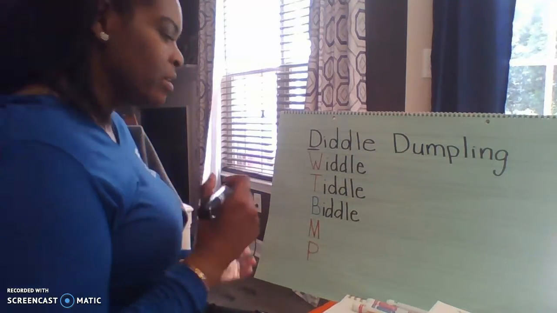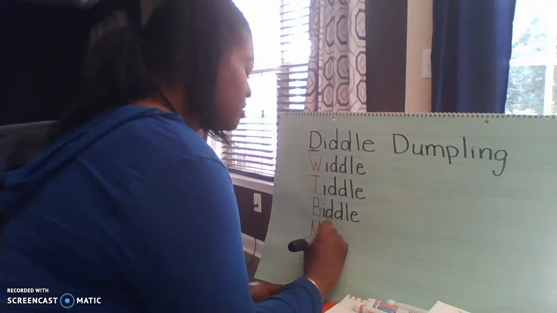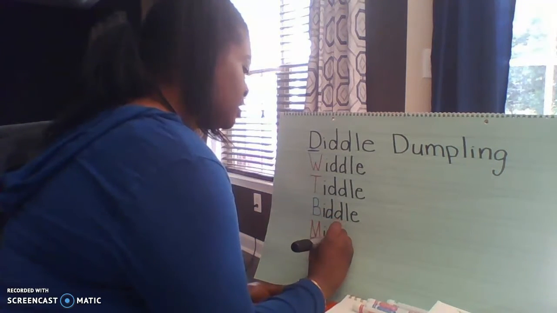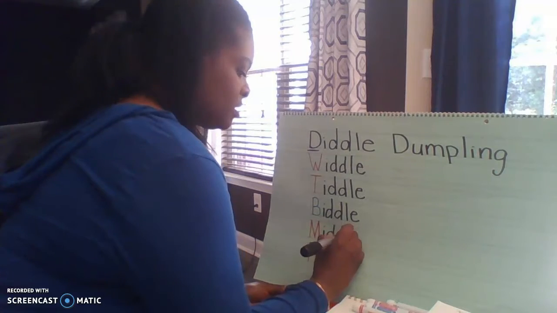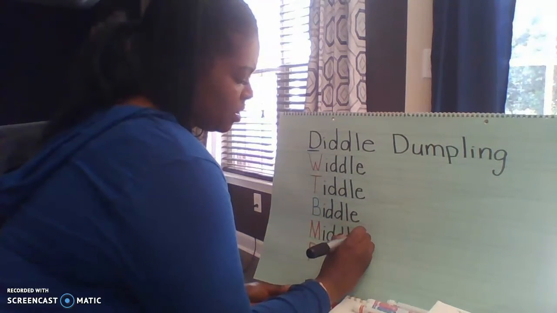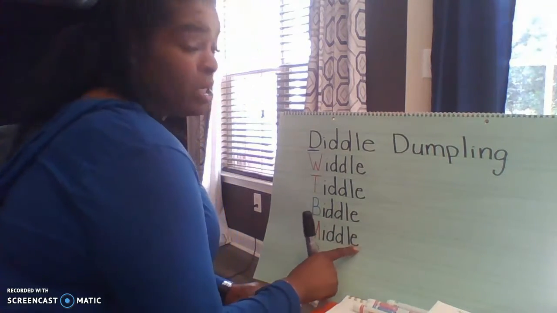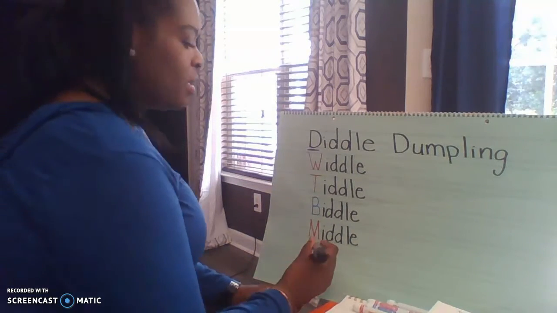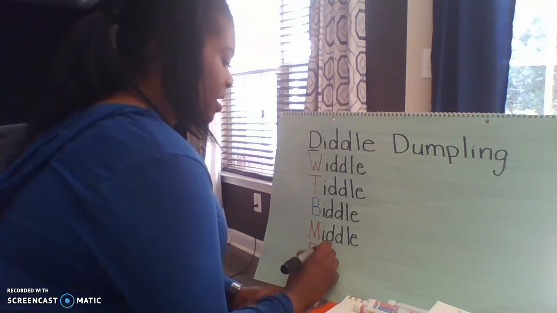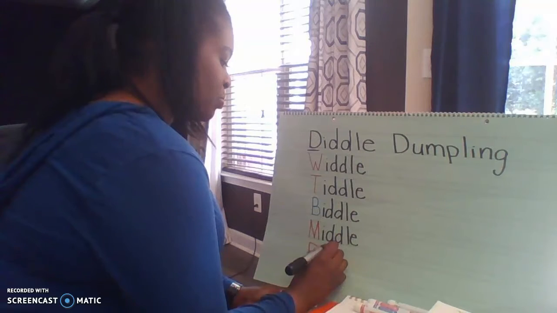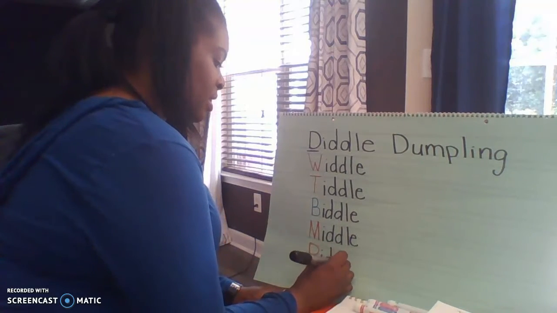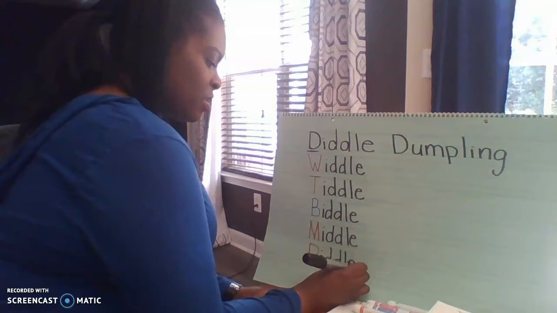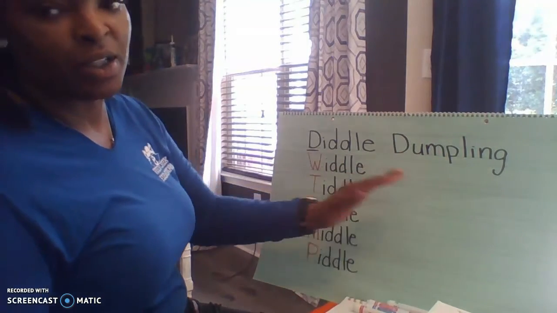What letter? M. M I D D L E says middle. Okay. Right. And we add iddle to P that says piddle. Good job. Now we're going to do dumpling.